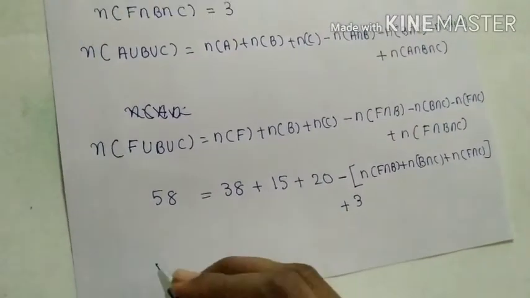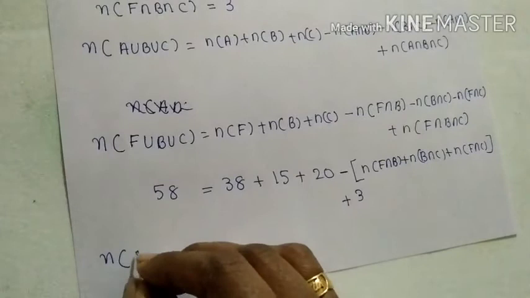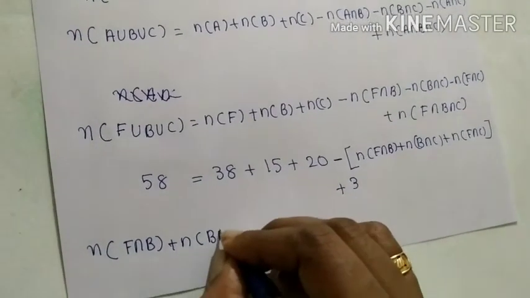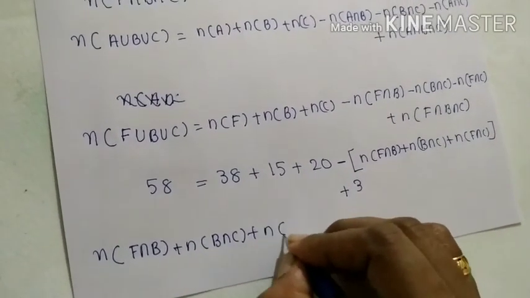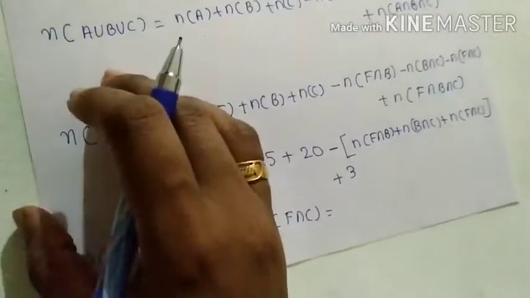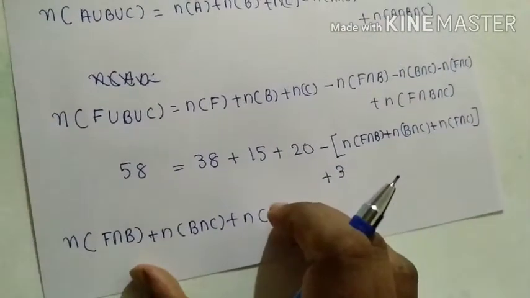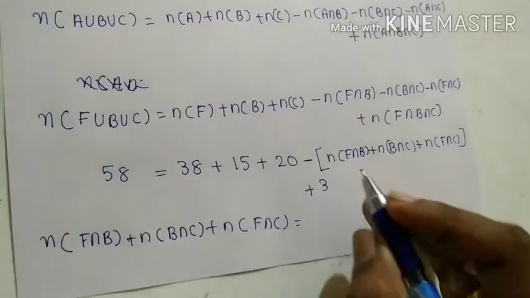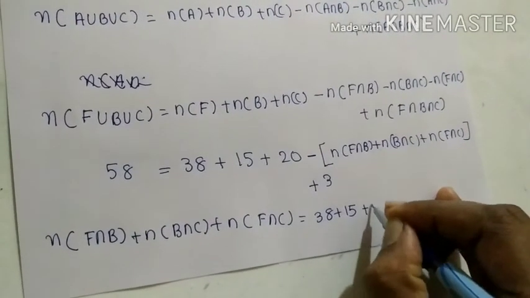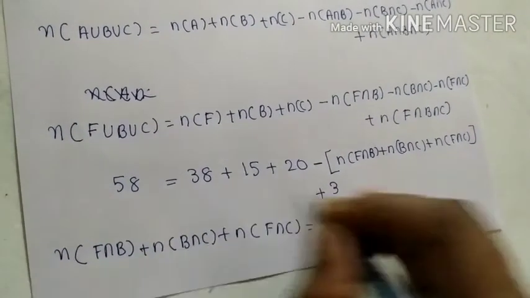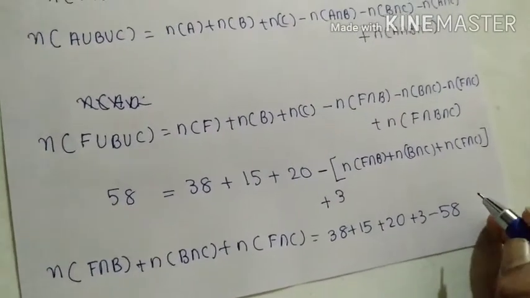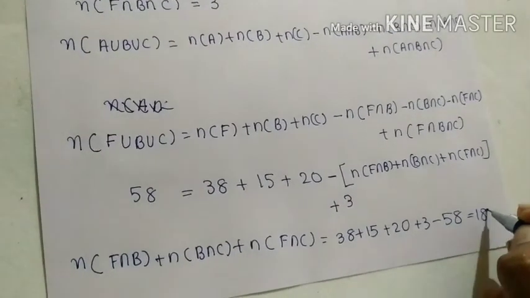From this we get N of F intersection B plus N of B intersection C plus N of F intersection C. Moving this minus term to the LHS, we get positive this term and equal to 38 plus 15 plus 20 plus 3 minus 58, which will be equal to 18.